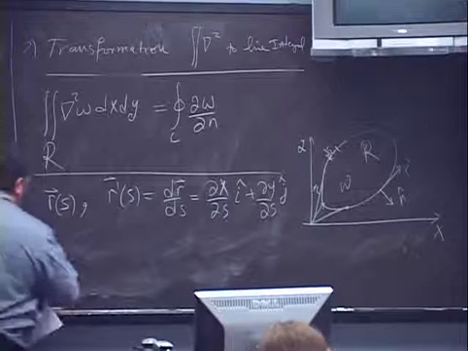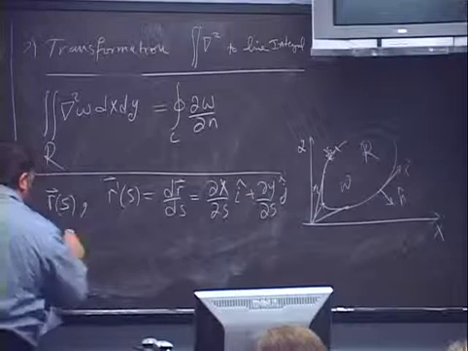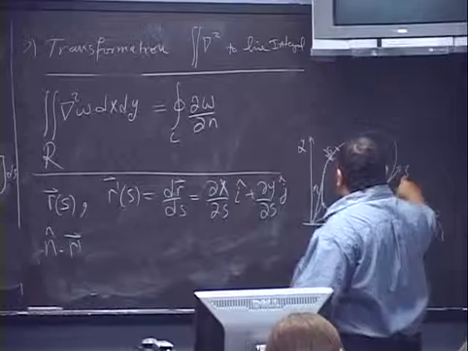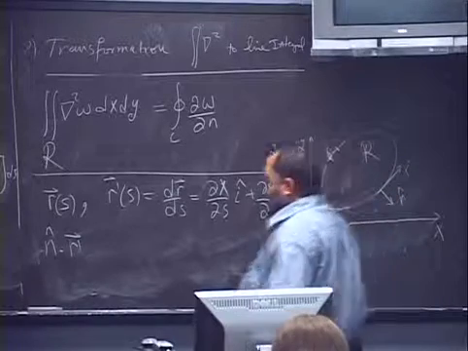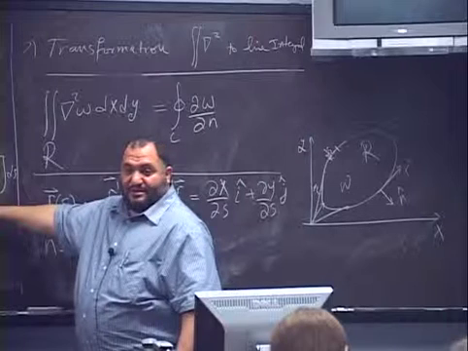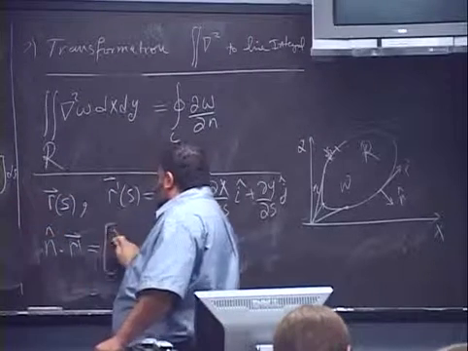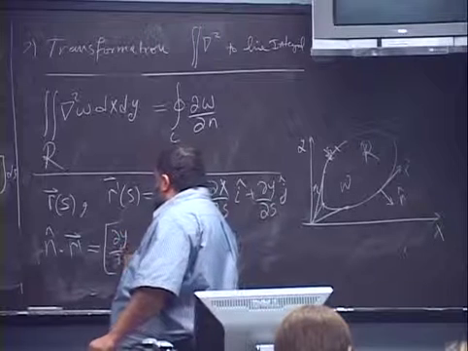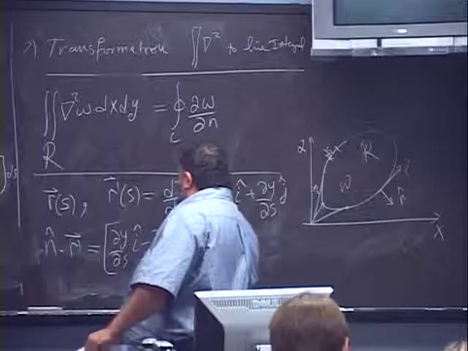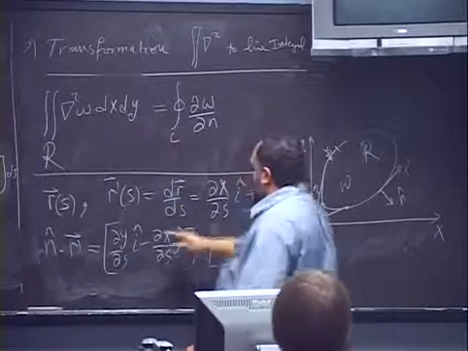Okay guys, so if I just dot n, which is the unit normal here, where is the r prime? We assume that this is r prime, this is n. Yes, we assume that this is the unit vector n. So let's put it here. dy by ds in the i, minus dx by ds in the j, dotted with r prime.